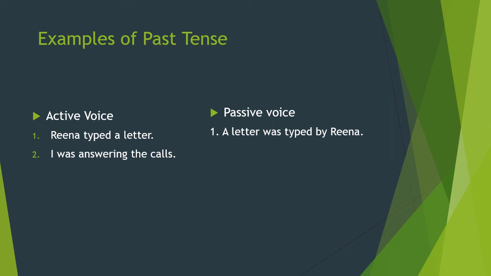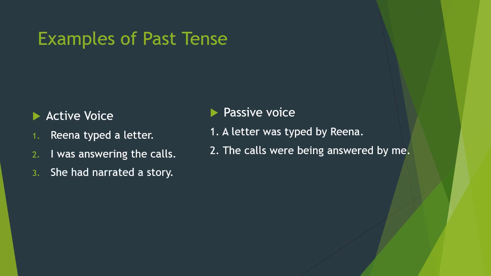Now here the subject and object you need to exchange. So in passive, subject will become the calls. The calls is plural. So it will be were being answered. So how will you get the sentence? The calls were being answered by me.